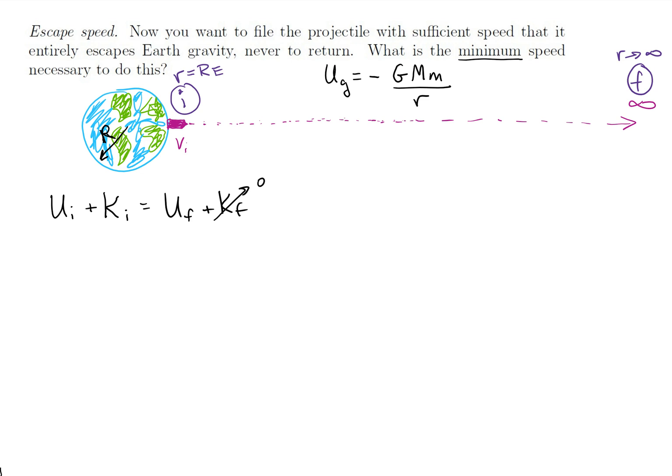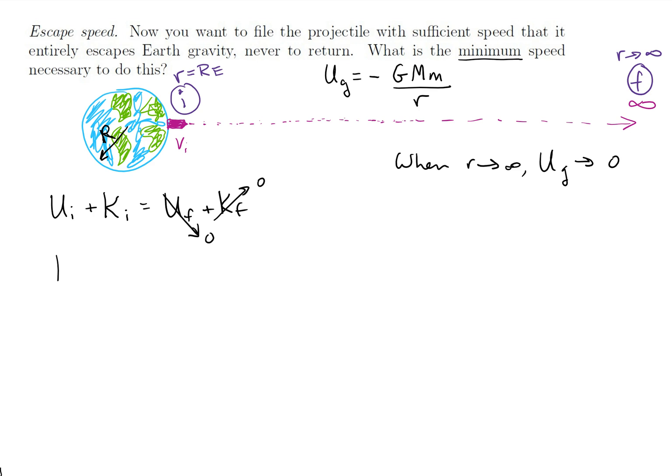If we gave the rocket more initial kinetic energy, you'd still have some kinetic energy left once you got to infinity, but we're just looking for the minimum speed we need. Second, when r goes to infinity, gravitational potential energy goes to 0 because r is in the denominator. So this term is also going to be 0.